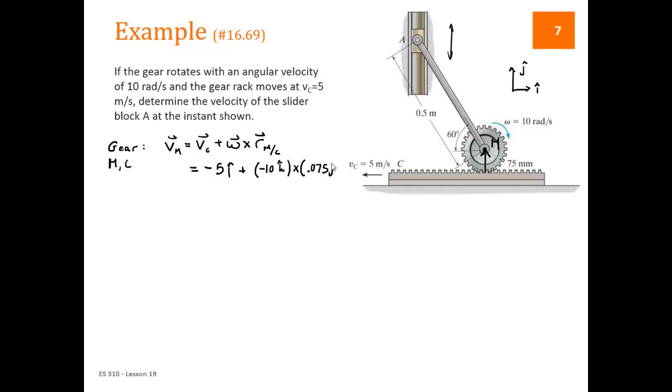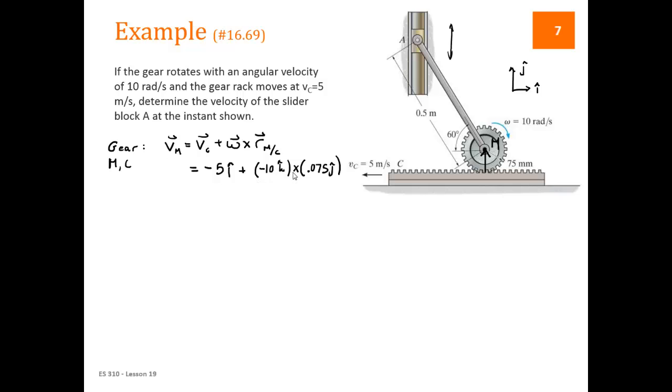0.075 J hat positive. If we take this cross product, K, which comes out of the page, crossed into negative K, which goes into the page, crossed into positive J, which points up, gives us a positive I hat direction.